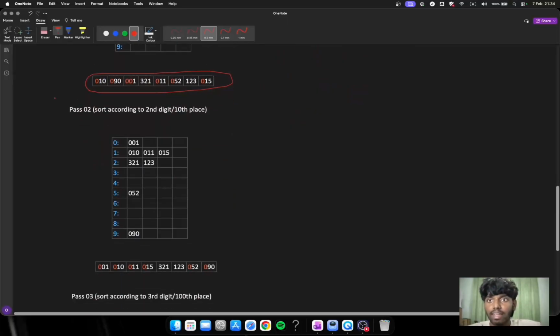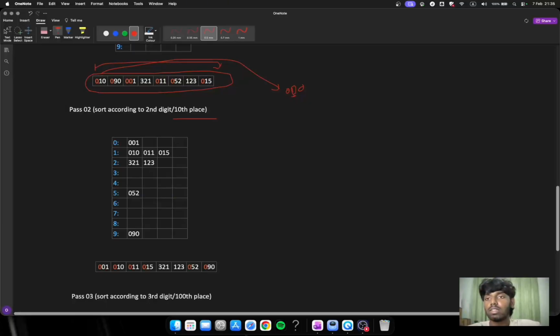According to this array, now we are looking at the tens place, which means the second element. For example, our first element is 010, and the second element is this element that we are looking at. So we are looking at the tens place, starting from here, and then all the way up to here.